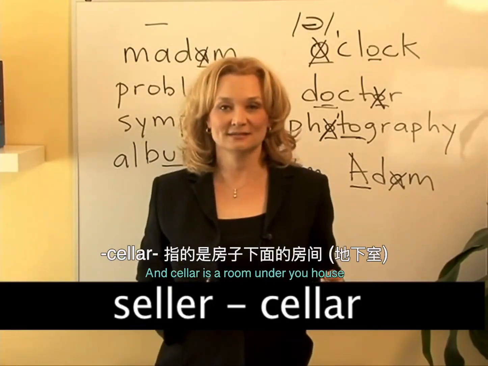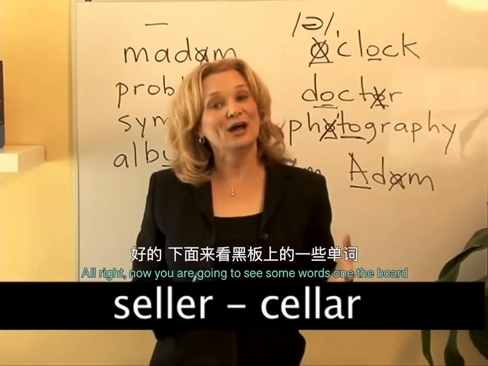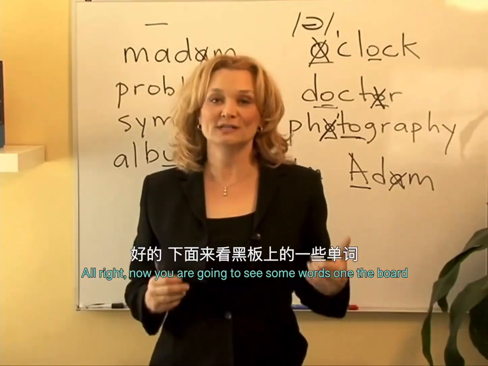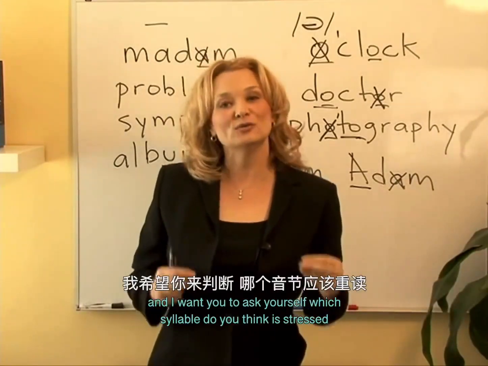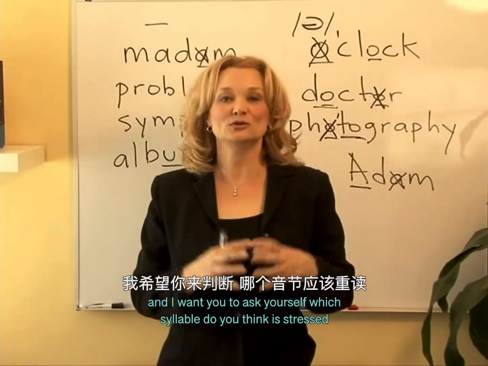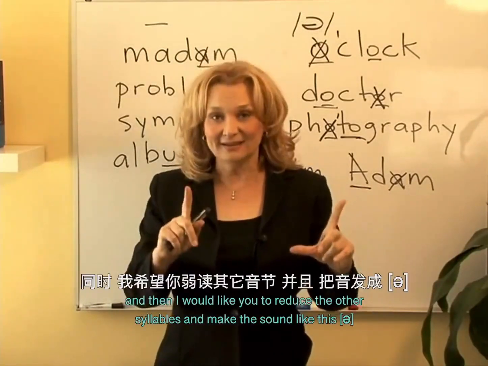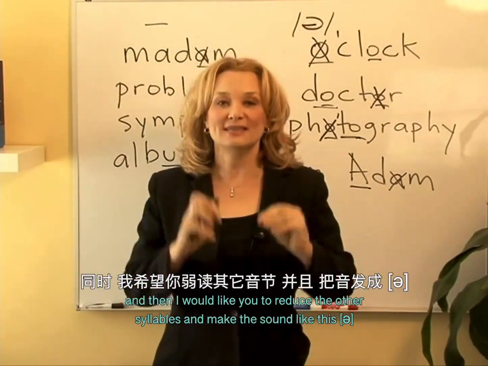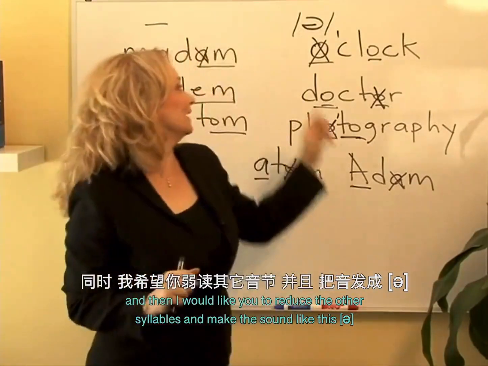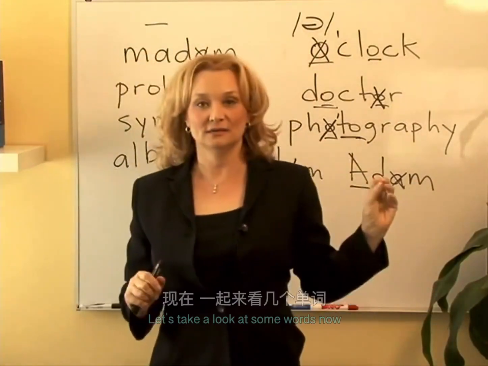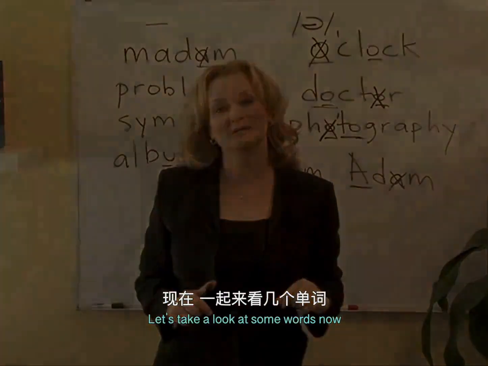Let's try one more. Seller, seller. A seller is someone who sells something, kind of like a salesman, and the cellar is a room under your house. All right, now you're going to see some words on the board, and I want you to ask yourself, which syllable do you think is stressed? And then I would like you to reduce the other syllables and make the sound like this. Let's take a look at some words now.